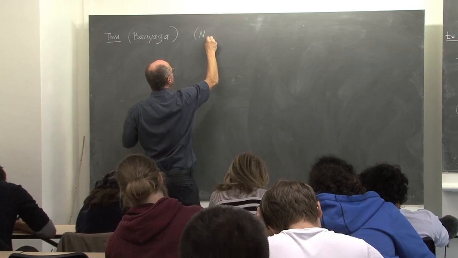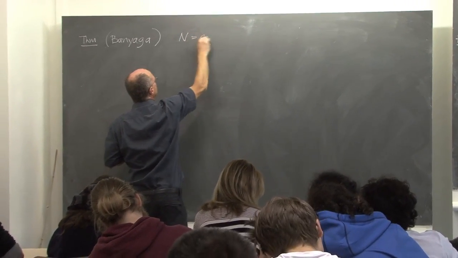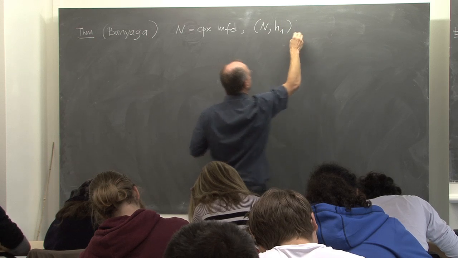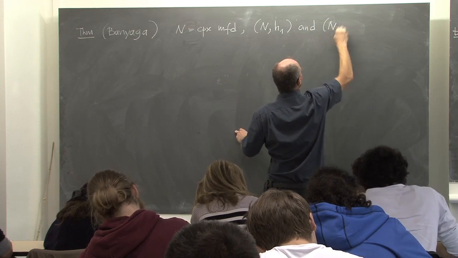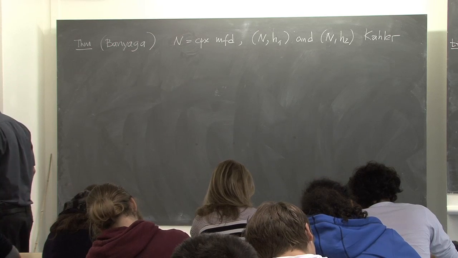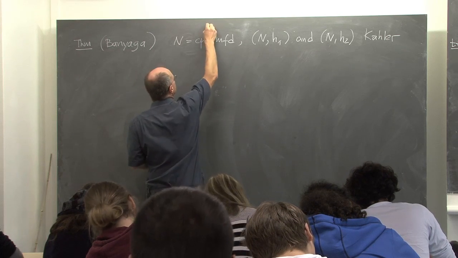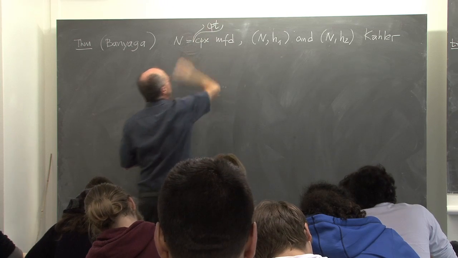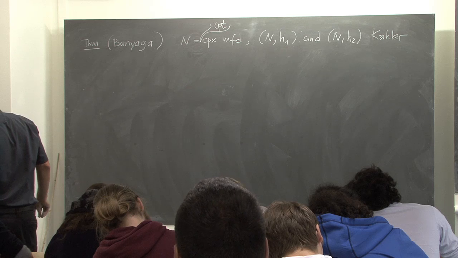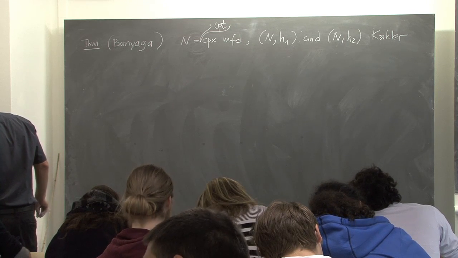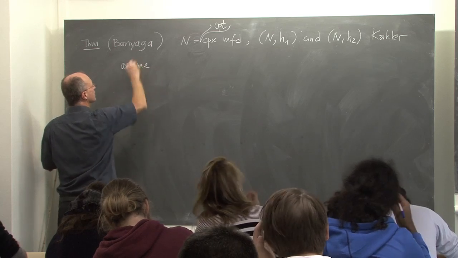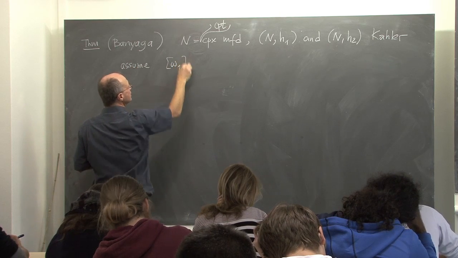Suppose that N is a compact complex manifold, and it has two Kähler structures.